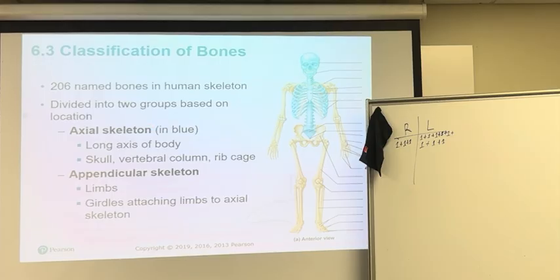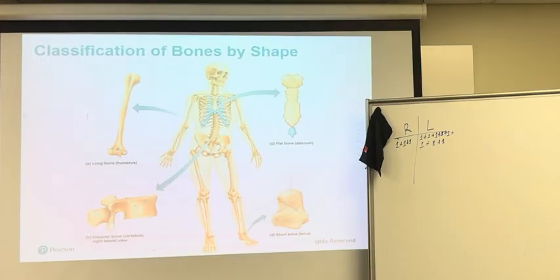They are part of the appendicular skeleton. Okay. So do you remember we did talk about different types of the bones in your body, right? What are the four different types of bone you find in our body? Flat bone. Can you give me some examples of the flat bone?